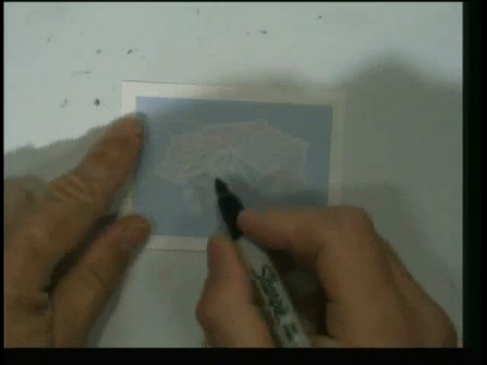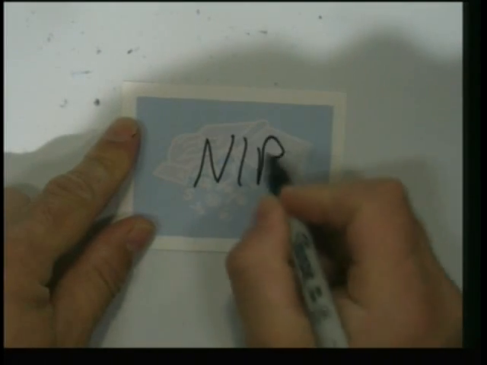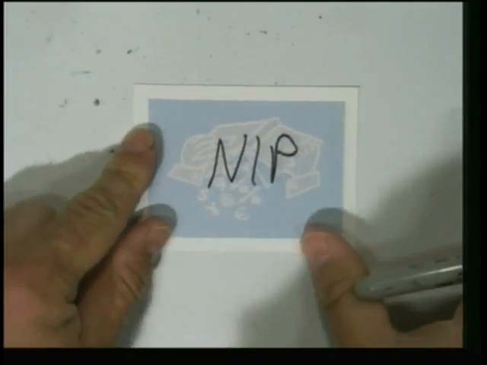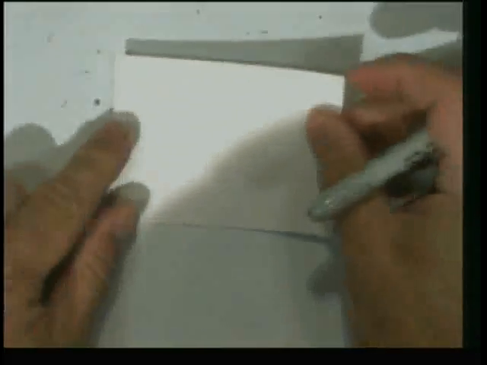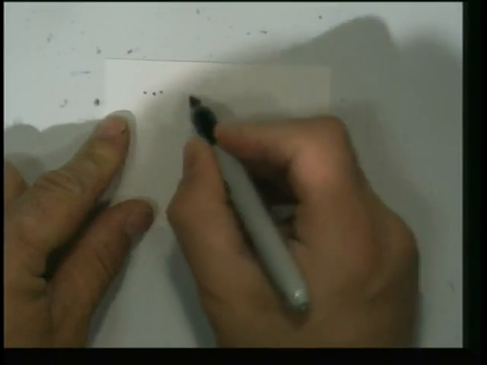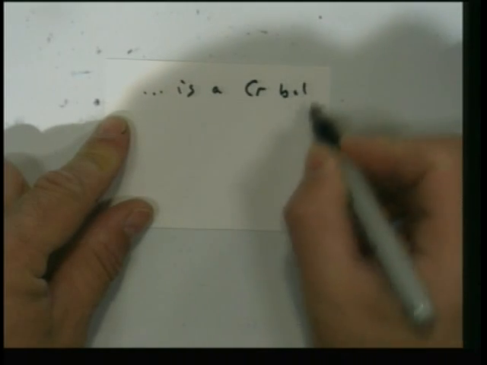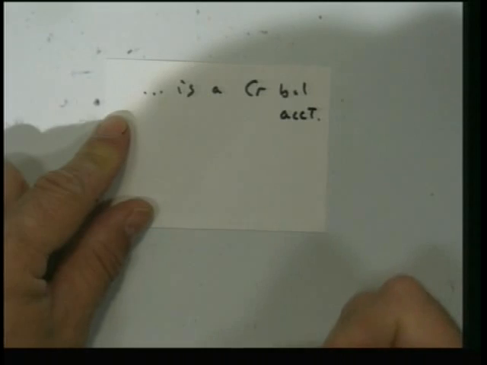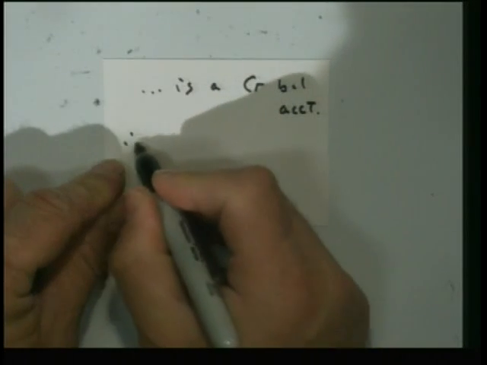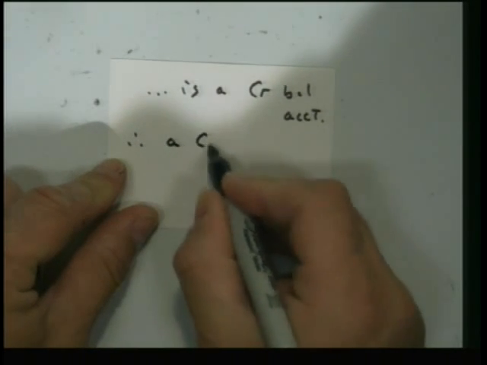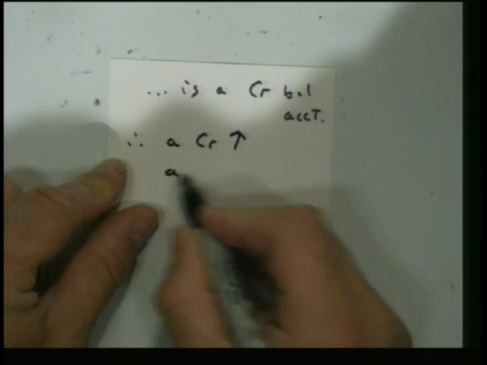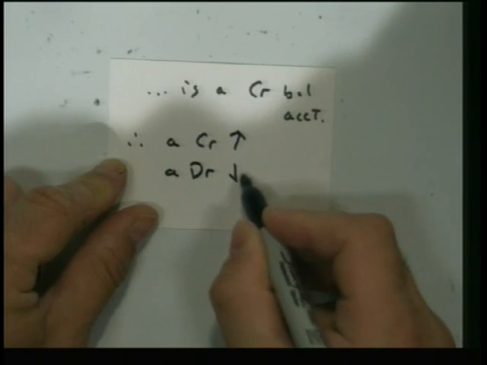We learned notes payable today, right? So put notes payable on one side. And then on the other side, you can say, is a credit balance account. Therefore, a credit increases and a debit decreases.